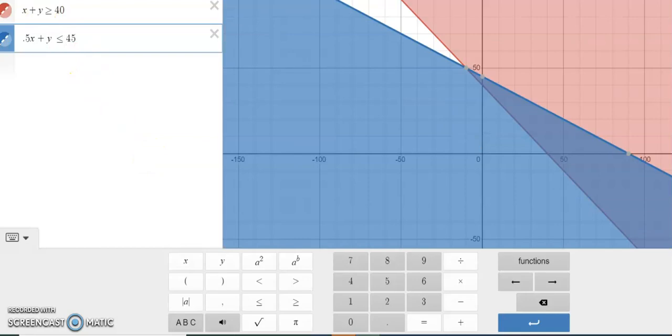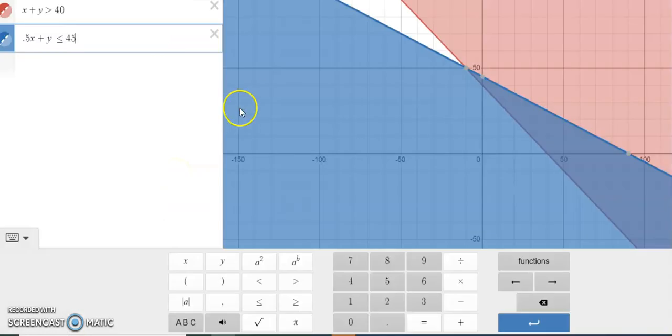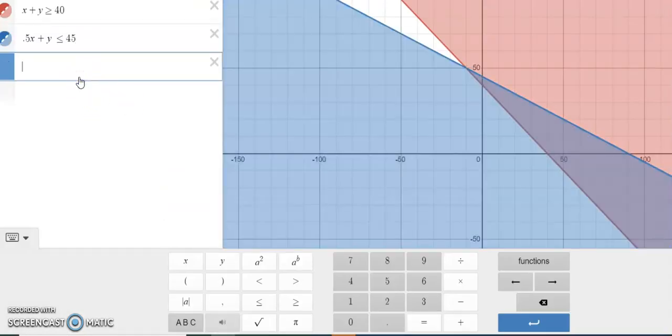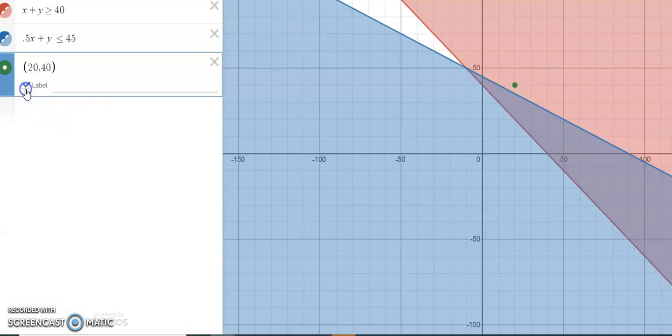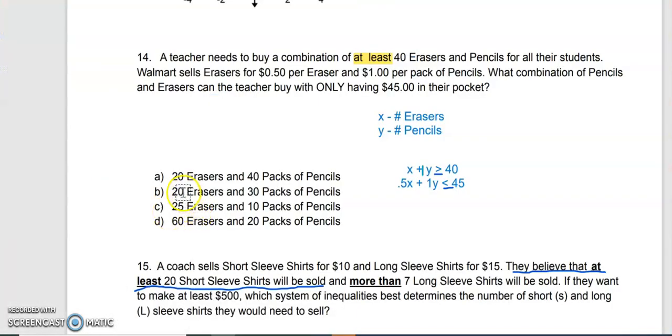So now I just want to look at some of these points on the benchmark review. So you either have 20 erasers and 40 pencils, which would be 20, 40, which would only be in the red shaded area. Or I could have 20 erasers and 30 packs of pencils.